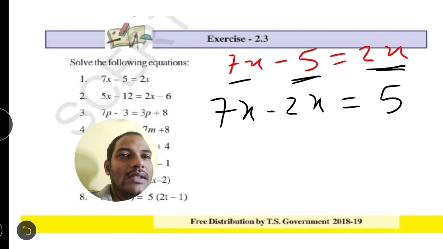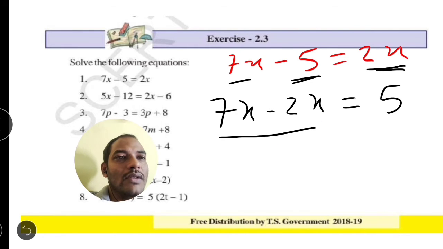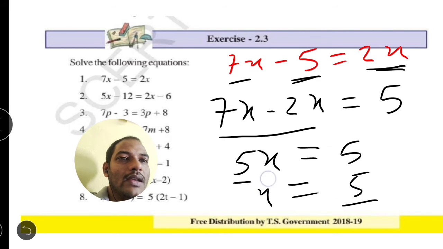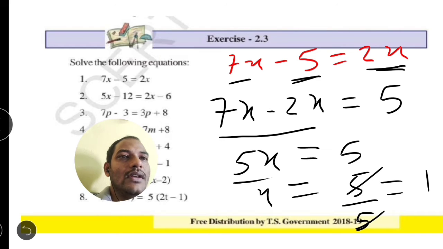Now 7x and 2x are like terms, so we can subtract. 7x minus 2x equals 5x, which equals 5. So 5x equals 5. 5 is multiplying here, so transposing to the RHS side it will go to the denominator place, and 5 by 5 is 1. So the x value is 1.